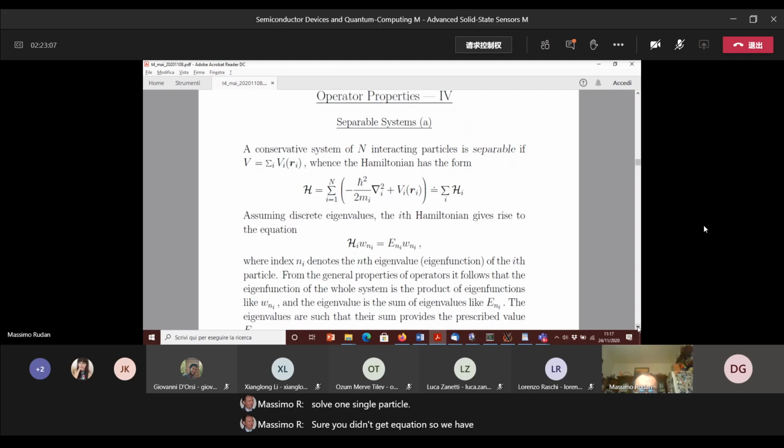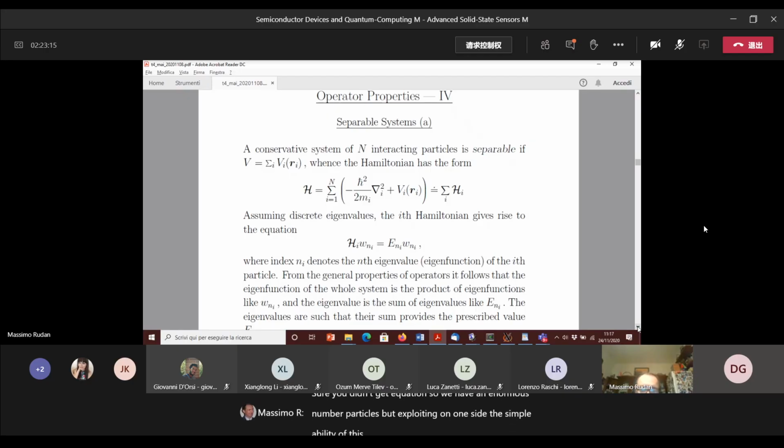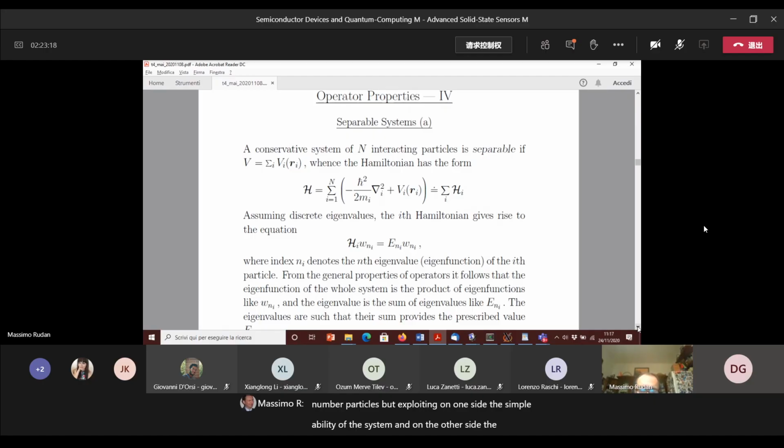So we have an enormous number of particles, but exploiting on one side the separability of the system, and on the other side the fact that the particles are identical, we find the solution of the single particle equation, that of course is much, much easier than solving the whole system altogether. And then we say the eigenvalues and the eigenfunctions of the single particle Hamiltonian are representative of all particles.